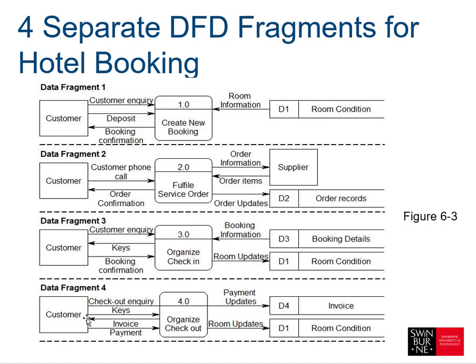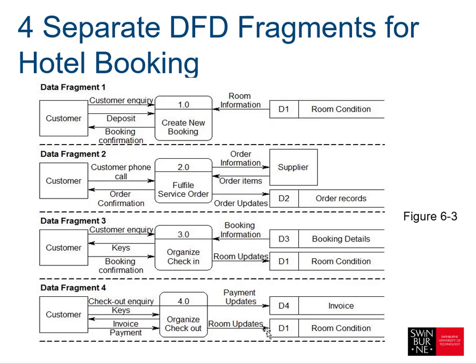So the checkout inquiry comes in, and then the invoice is produced and given back to the customer, and the payment comes from the customer to the process. So in order to process this information or data, we need the invoice information entity and room condition entity.